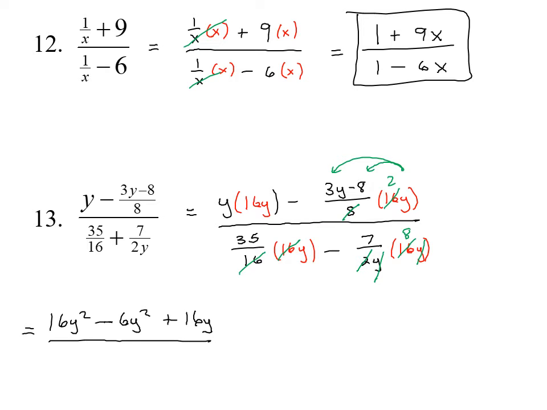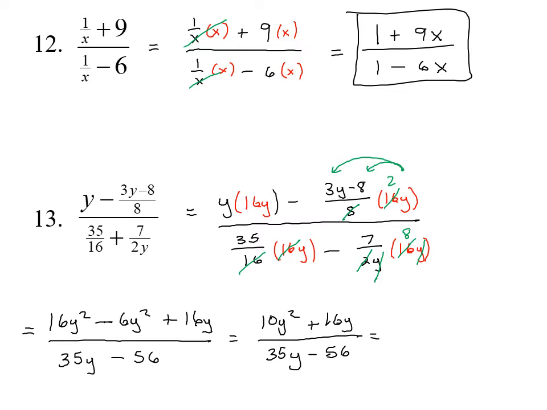On the bottom, you're left with 35y. And on the other one, 8 times 7 is 56. And this will probably simplify. Notice the 16 minus the 6 gives me 10y squared plus 16y. On the bottom, I just get 35y minus 56.